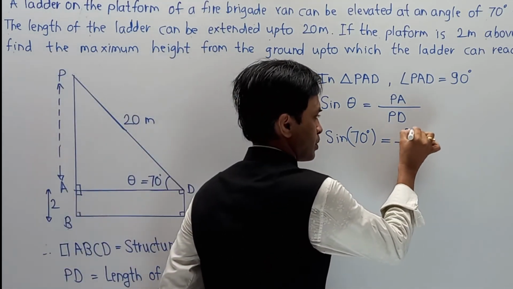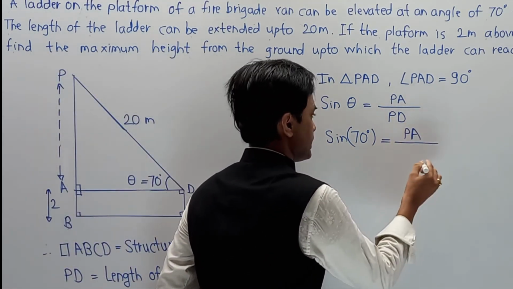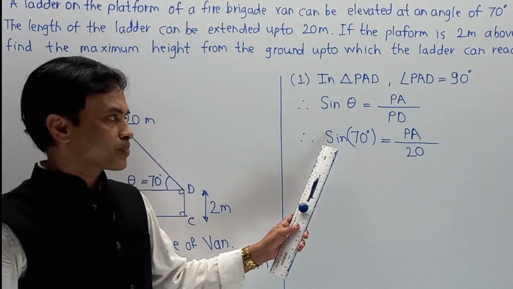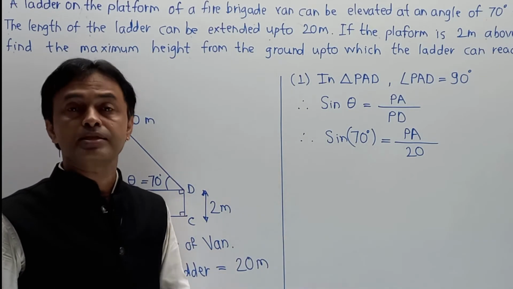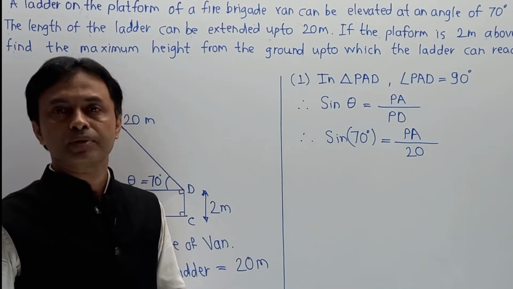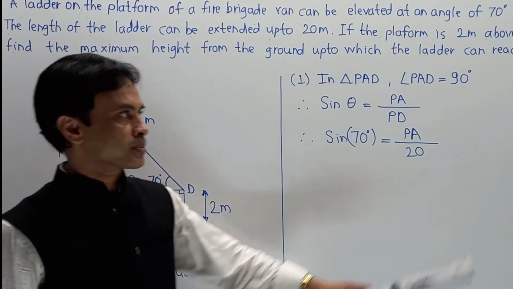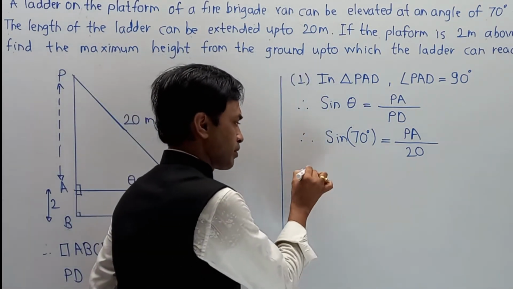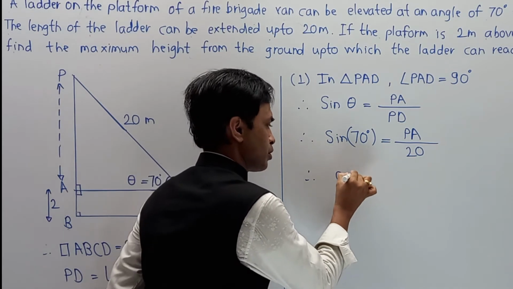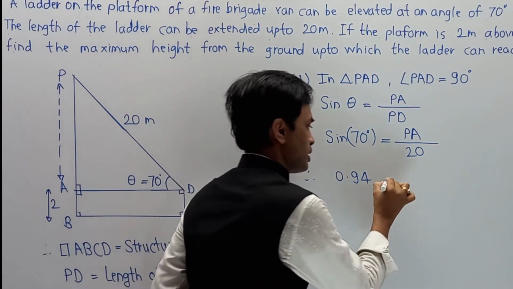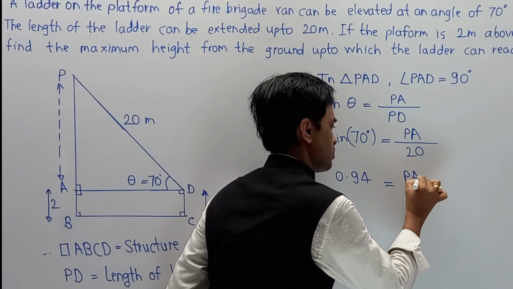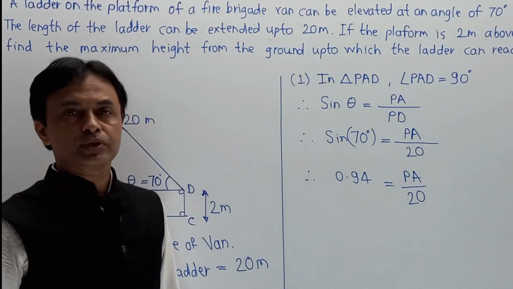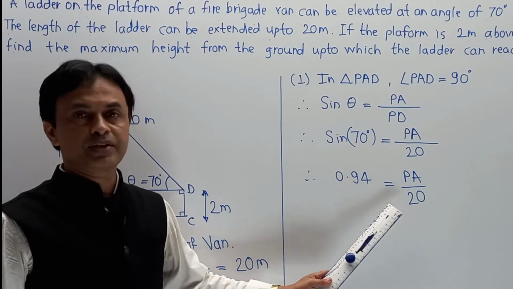So PA upon PD, where PD is given by them as 20. Next evaluation, sine 70 degree. Remember, this is not available in the standard table. That's why in this numerical they have provided it. And sine 70 degree is 0.94. So putting that value over here, 0.94 is equal to PA upon 20. Now, up to this step, students don't face any problem.